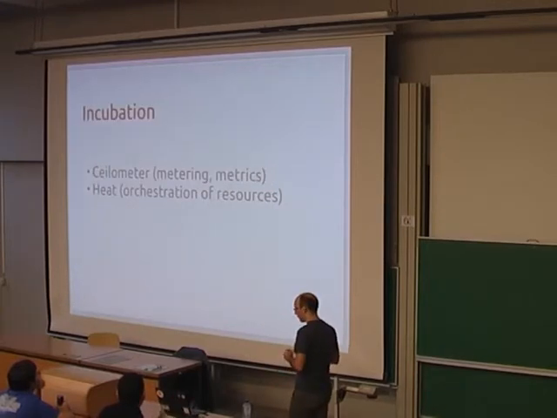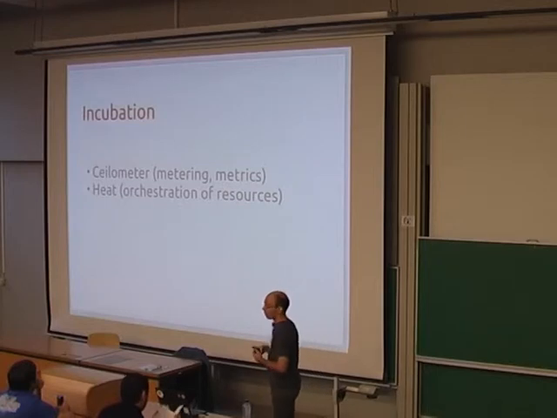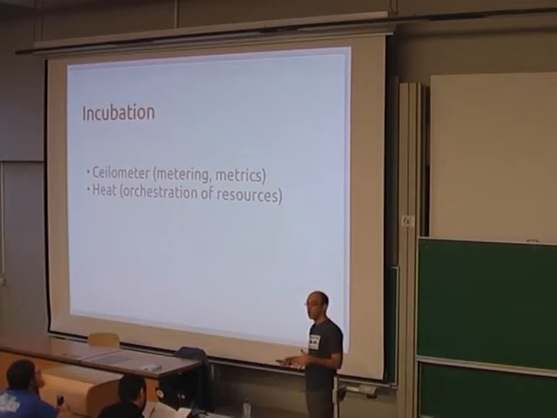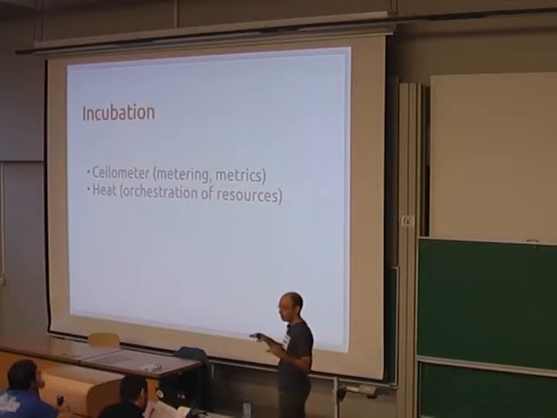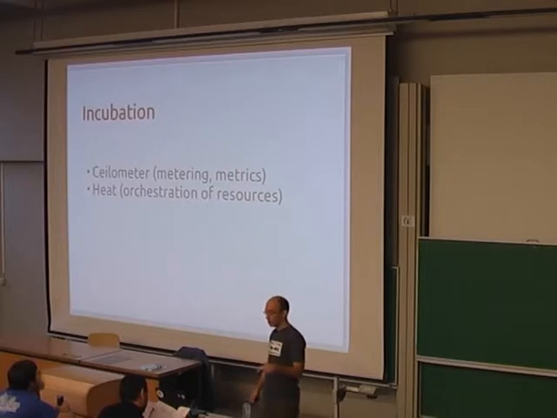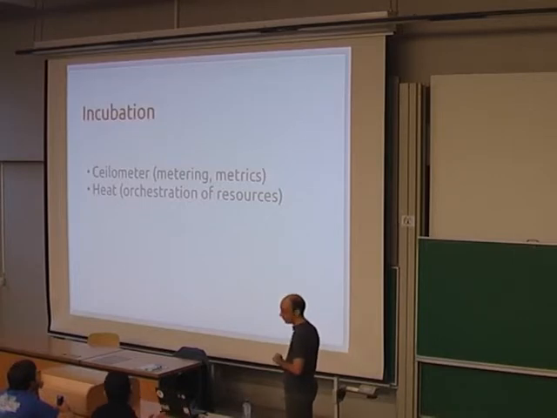We actually approved two new incubated projects in the last month: Ceilometer, which provides metering and metrics for your running cloud, and Heat, which provides a top-level approach to orchestration of resources. If you're interested in those projects, there will be presentations this afternoon in this room about both Heat and Ceilometer, so I won't get into much detail.